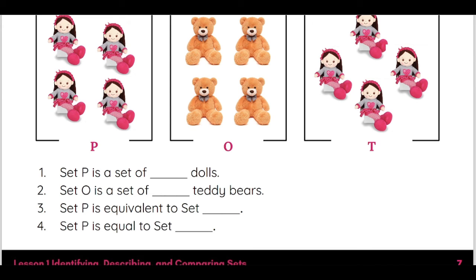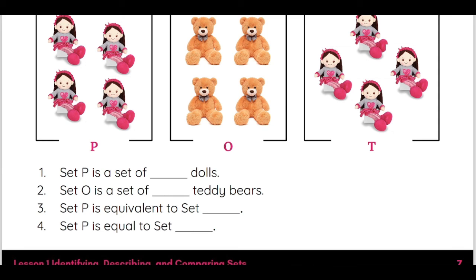Actually, set P is equivalent to set O. Why? Because they have the same number of items but different stuffed toys. So the ones on set P are dolls and the others are teddy bears. So set P is equivalent to set O.